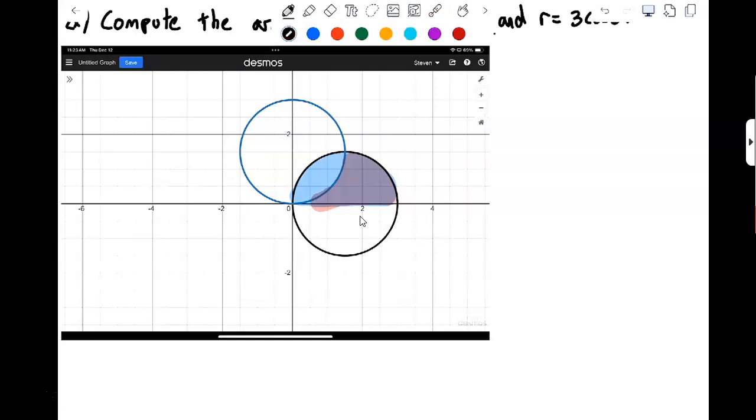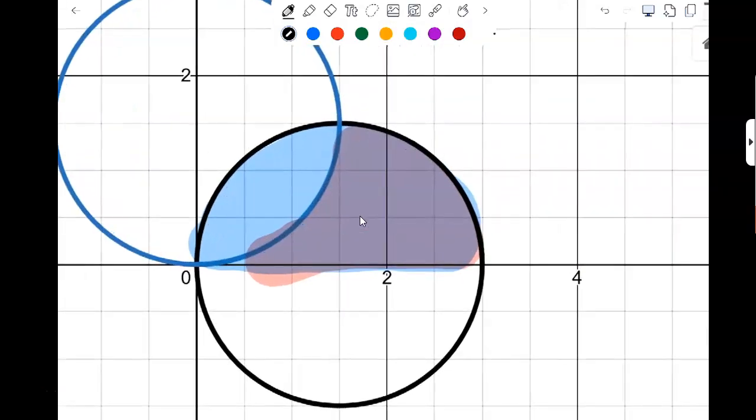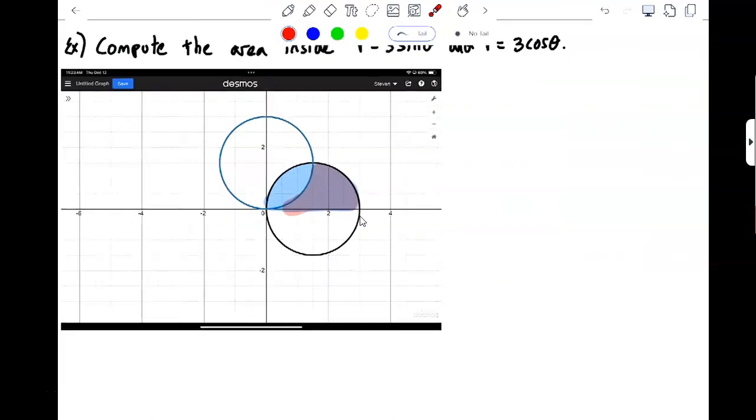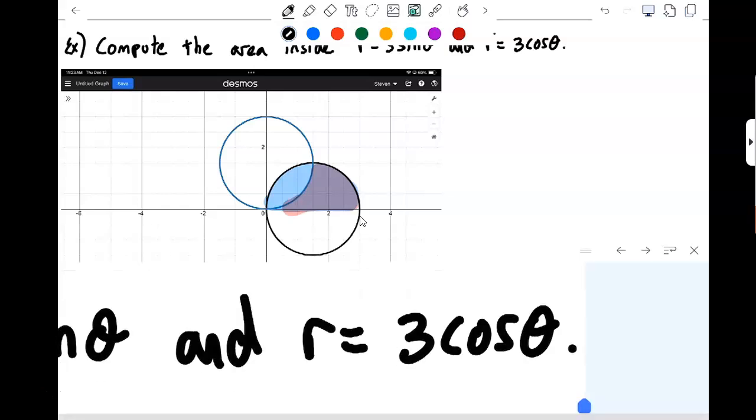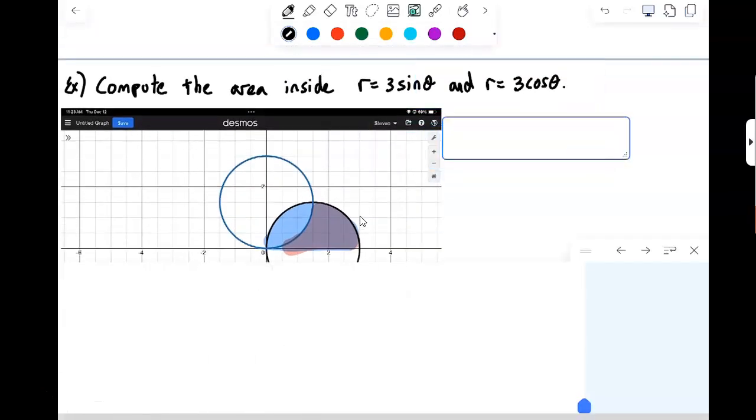So first, let's just get the blue area, the area of the semicircle. We can easily see that this circle has a diameter of 3, so it's got a radius of 1.5 or 3/2. So the area of the circle, I'll just call it here, area of the circle, is just using the area of a circle formula, pi times r squared.